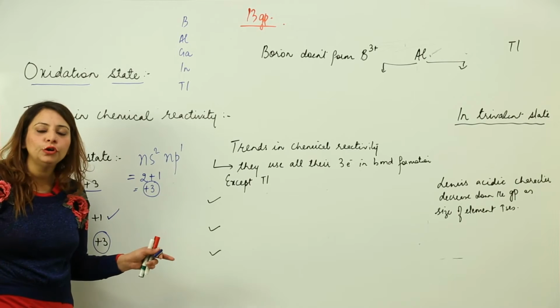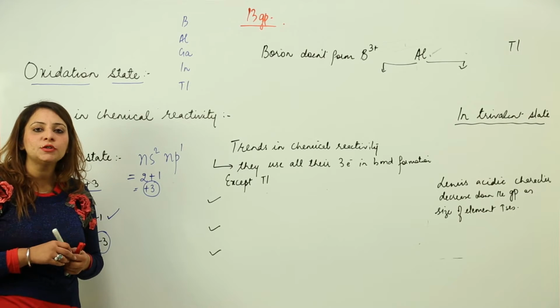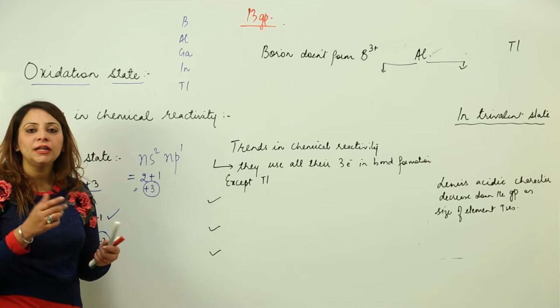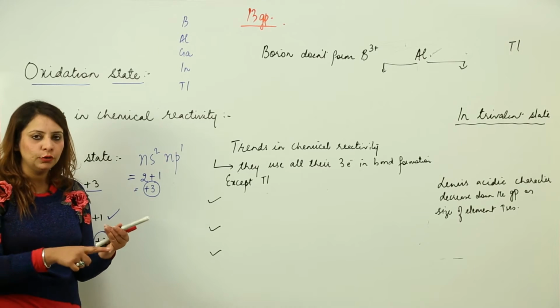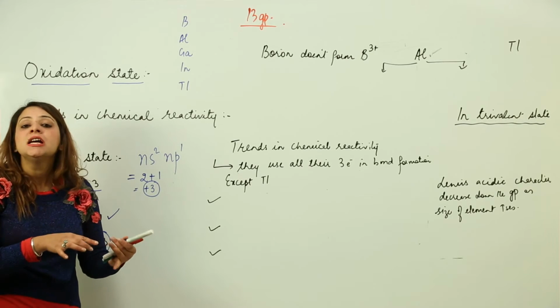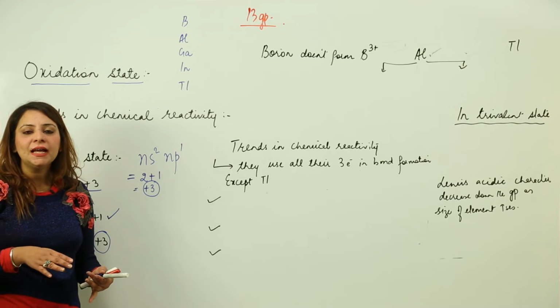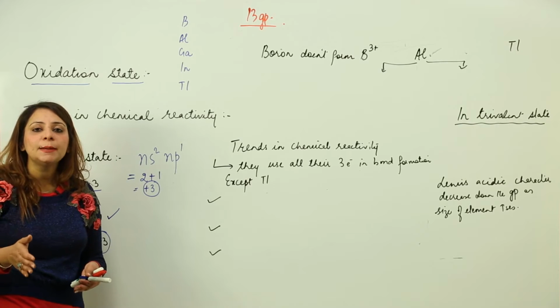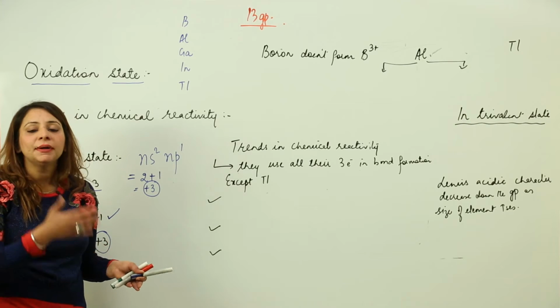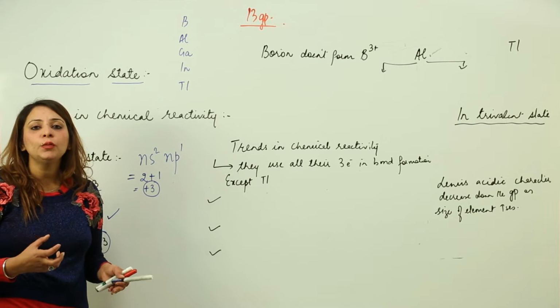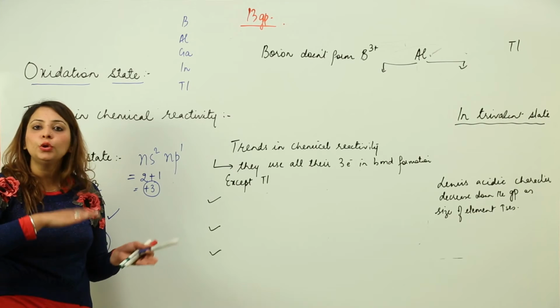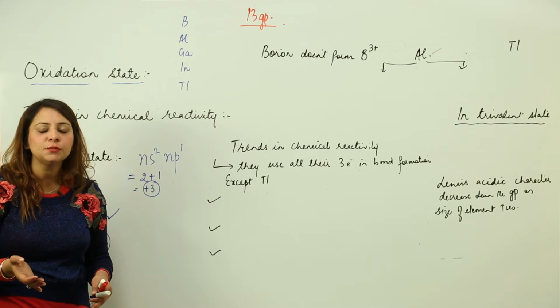We discussed before, in the general properties of p block, that for the 13, 14 and 15 groups, that means the boron family, carbon family and nitrogen family, the group oxidation state is stable for the lighter elements, but as we move down, as we come across the heavier elements, the oxidation state which is 2 units less than the group oxidation state is more stable.